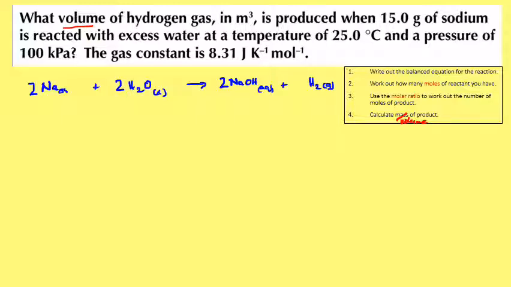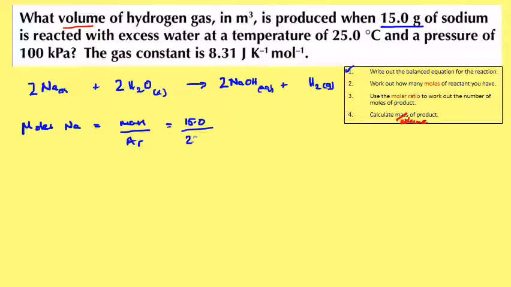We've written that down. Let's give ourselves a little tick for writing that out. And work out how many moles of a reactant you have. So our reactant is sodium. So our moles of sodium, and we're going to trot out our usual equation. It's the mass of sodium divided by, in this case, the AR of sodium, the relative atomic mass of sodium, and in the question we're given the mass of sodium, so we'll write in 15.0, and the AR of sodium you're going to get from your periodic table.